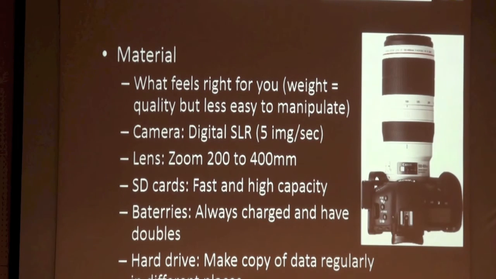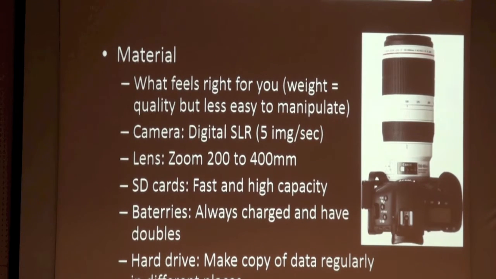First, a quick note on the material that is used. It should be what feels right for you. There are lots and lots of cameras out there, but usually the heavier it is, the better quality you will get. Sometimes it's too heavy to manipulate well, so you should choose wisely.